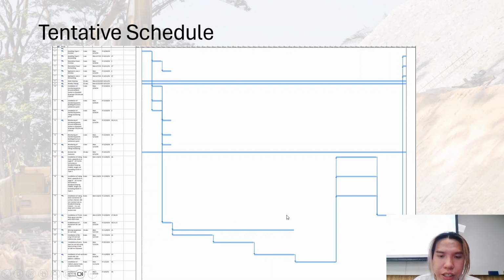Therefore, this is our soil nail installation period, which is 32 weeks, and this is the raking drain installation, which includes the various drain installations, and this is the site dismantlement, which is 2 weeks.